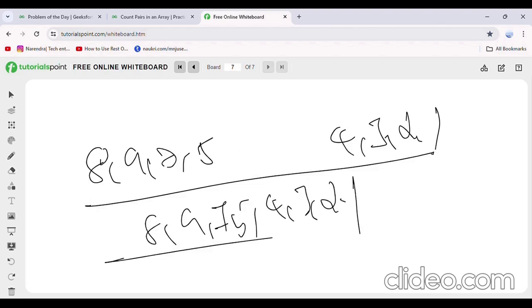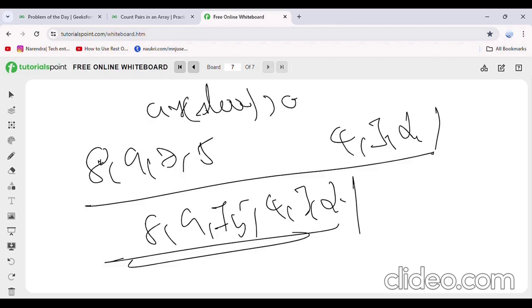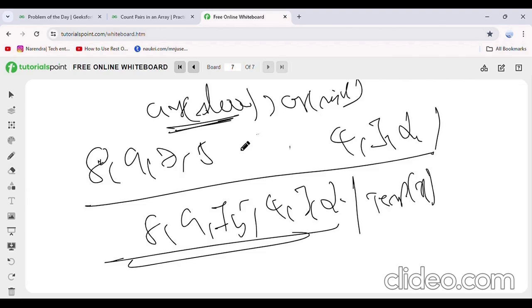How I am doing is, if ARR of low is greater than ARR of mid 2, then I am taking this in a temporary array. So temp of x is equal to ARR of low.